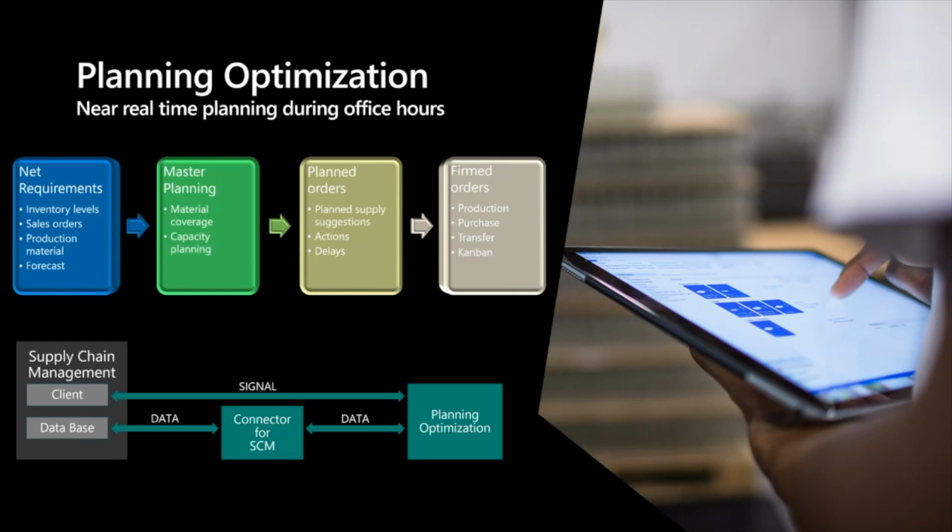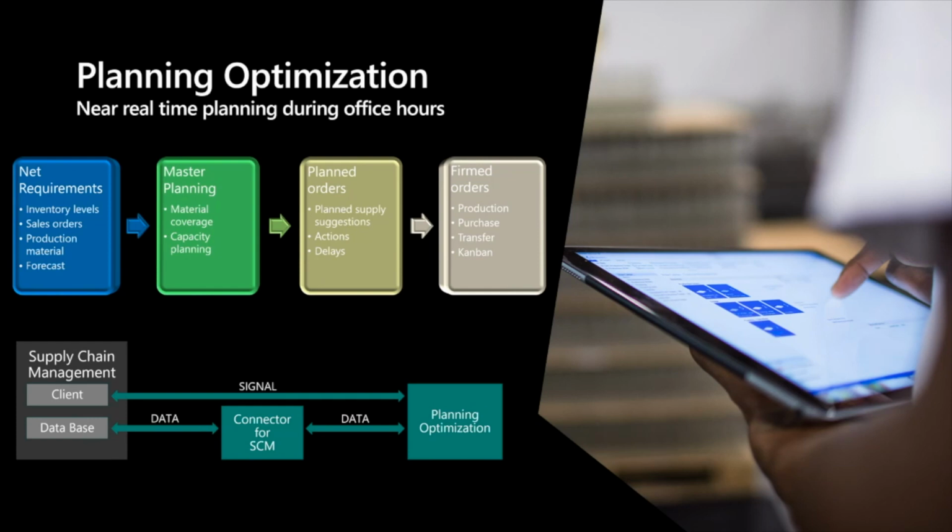The master planning is responsible for generating things like planned orders, actions, delays, and basically figuring out what material you need to fulfill your demands, and basically taking care of your supply. And that also includes scheduling, which we'll get back to a little later in the roadmap.